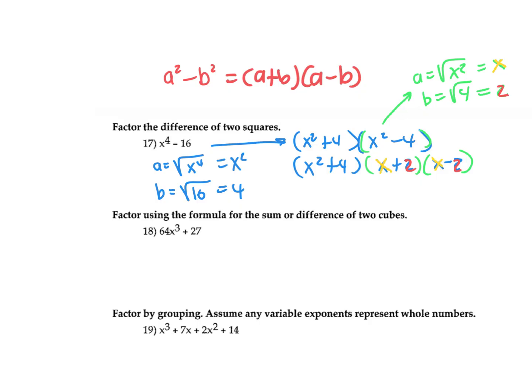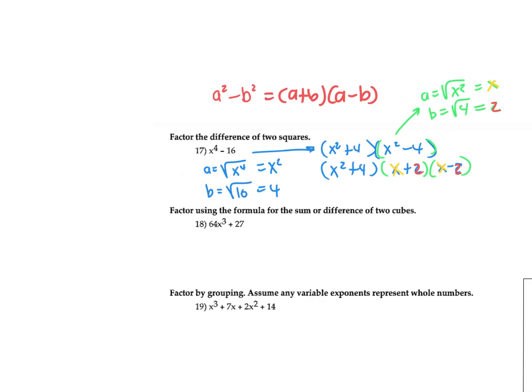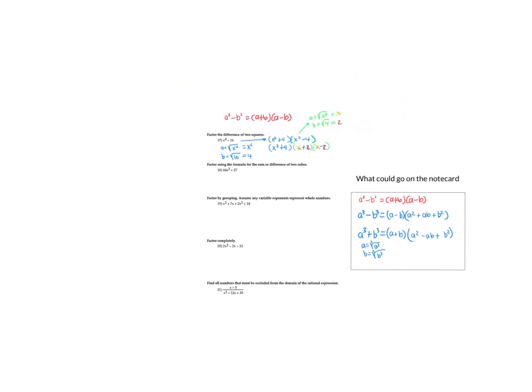Hopefully that makes sense, and we are done factoring that. So as it pertains to the next problem, it's clearly going to be the sum of two cubes. So we're going to get that structure ready and waiting for us right now.